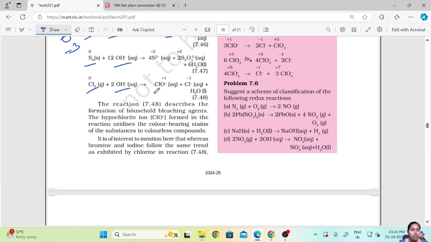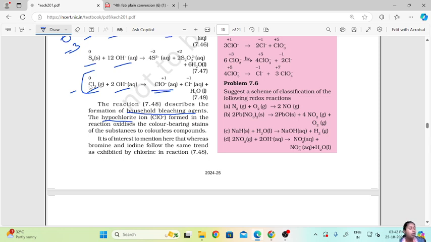Now this reaction describes the formation of household bleaching agents. You know we put bleaching powder, right? The hypochlorite ion formed in the reaction oxidizes the color bearing stains of substances to colorless compounds.